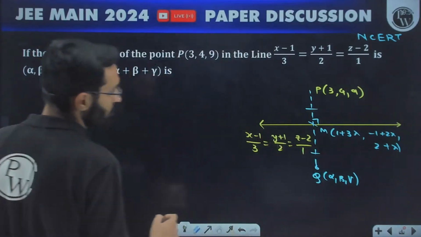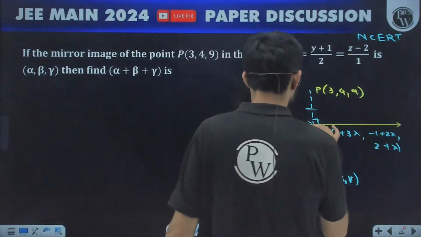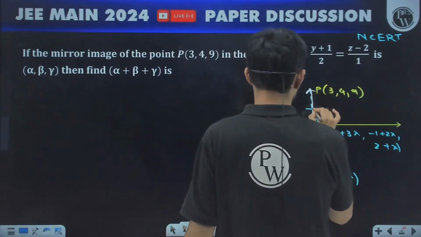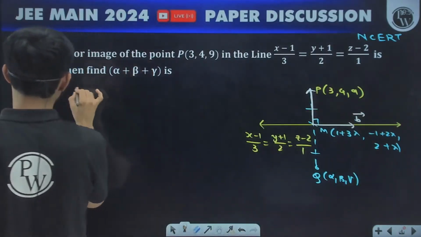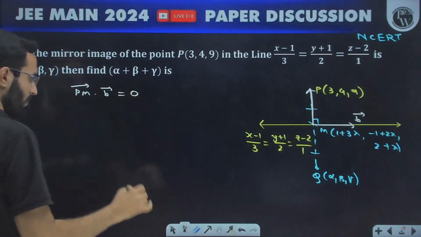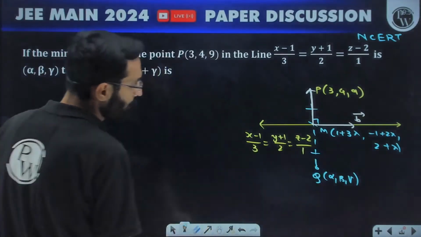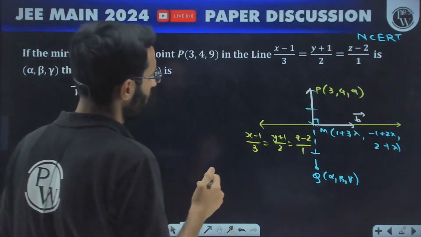the midpoint of this. But before using the midpoint, vector PM will be perpendicular to vector b. The vector PM dot vector b equals zero, and from here you can get the value of lambda. Vector PM, or you can write vector MP, whatever you feel.